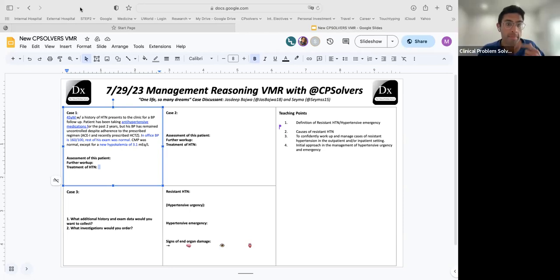Perfect. And then group 4, it's with Aisha and Deborah, Hans, and Julia. What would you do next in terms of prescription? What would you prescribe next as a medication, or would you prescribe anything here? What we discussed was that we could think about whether he is taking his medication, but hydrochlorothiazide does cause hypokalemia.